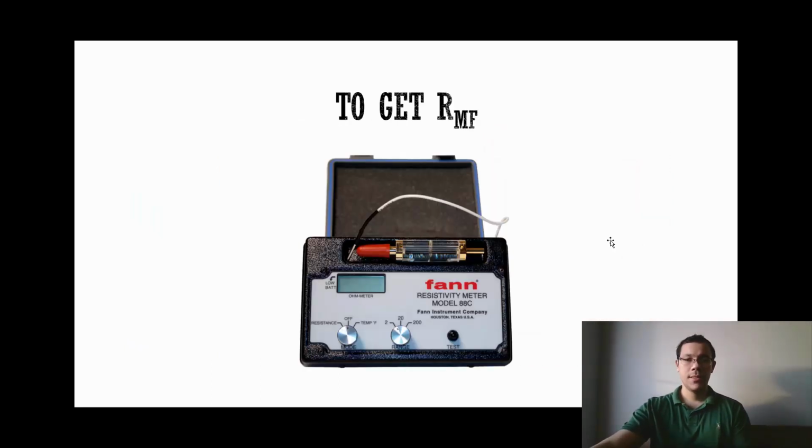At least in my time, we were able to use this device. You just get some mud and put it in here, you turn it on, and it will tell you the resistivity values. I'm sure there might be other devices, but this is the one that I am familiar with.